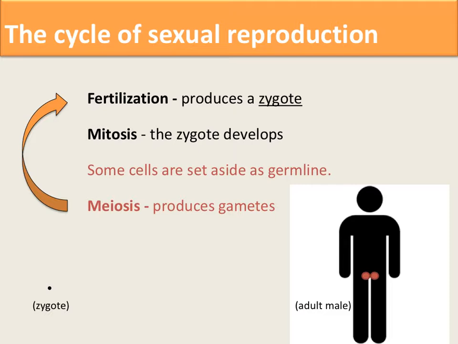And as there's this division going on, some of the cells become germline cells, and all the other cells become somatic cells.